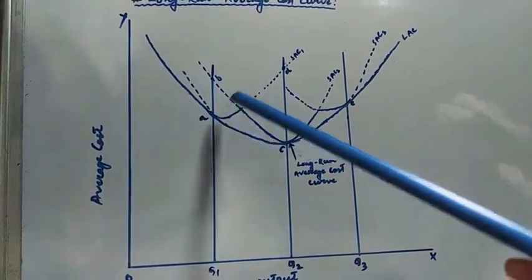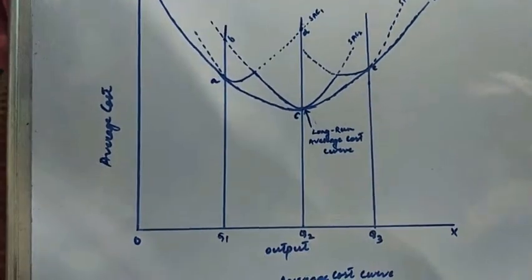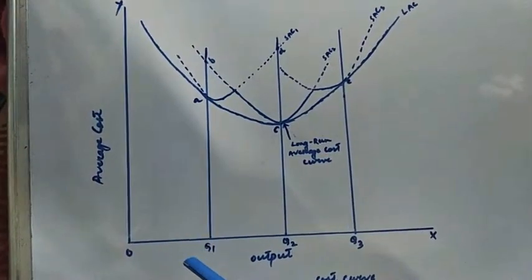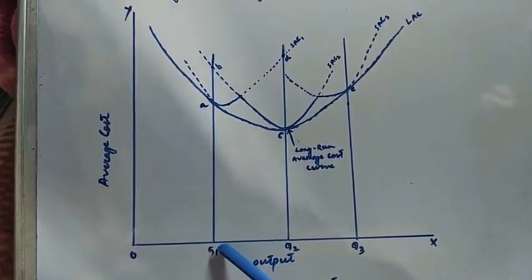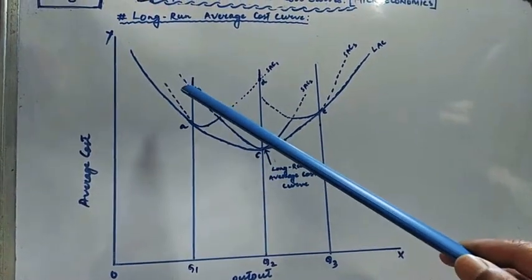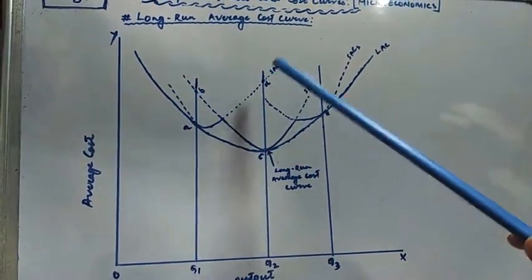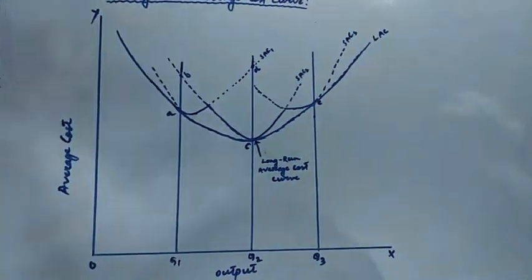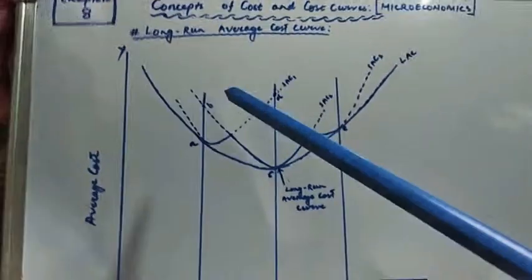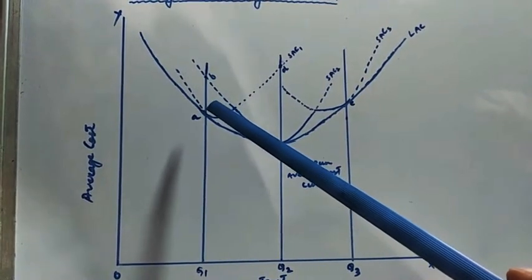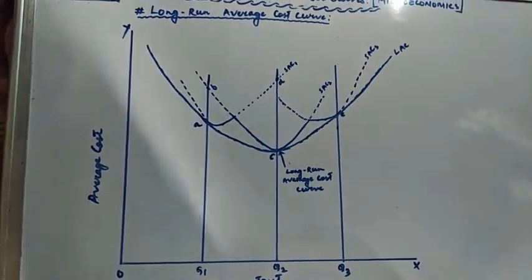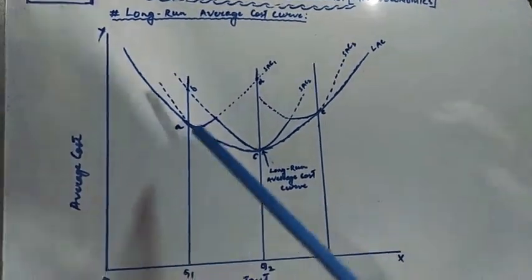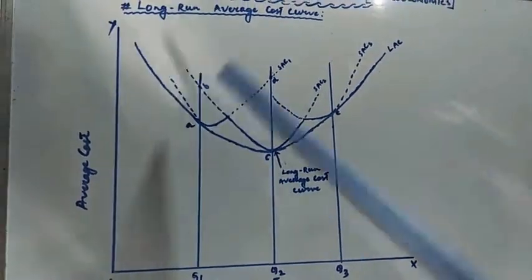When a firm, depending upon the demand, tries to produce OQ1 level of output, it will choose the plant size represented by SAC1, and it will be operating at point A. So at operation point A, a firm is producing OQ1 level of output using the optimum variable factors of production.